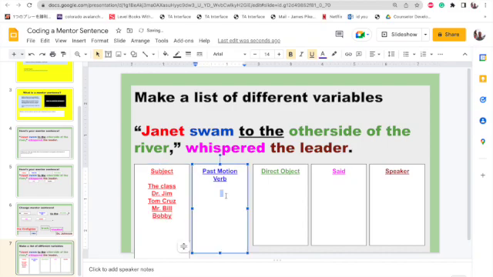Then I want you to make a list of 5 past motion verbs. And remember, if it's not a moving verb, it really won't make sense because the sentence frame requires movement to something. Then you're going to get a list of 5 places they're moving to, 5 different ways of how to say it, and 5 different people who are going to say it. So make a list of 5 each, and then we'll start coding this.